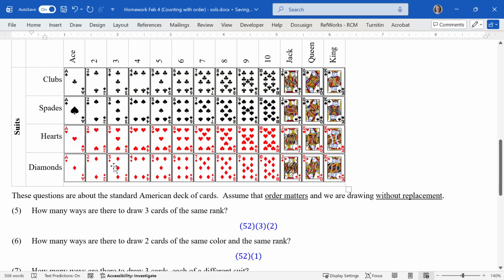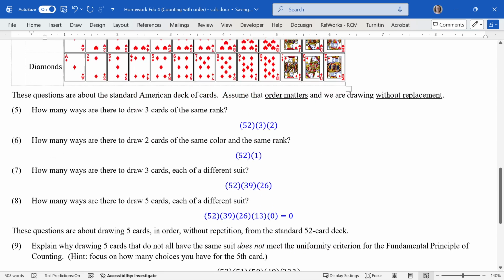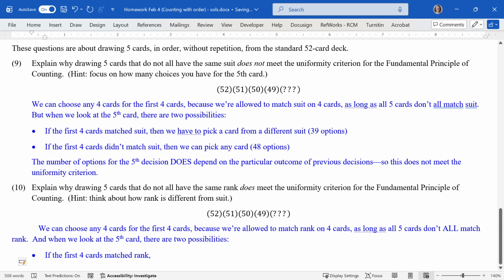So how many cards would be left that were different rank than those aces? I think there'd be 48 left, right? Because I would have eliminated those 4 of that rank. So then we have to pick a card from a different rank. So 48 options.